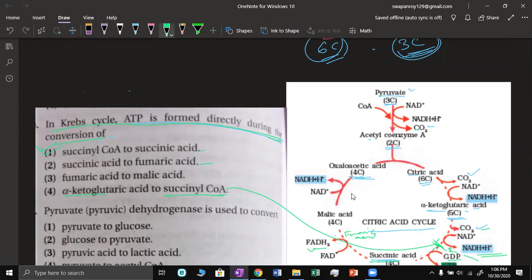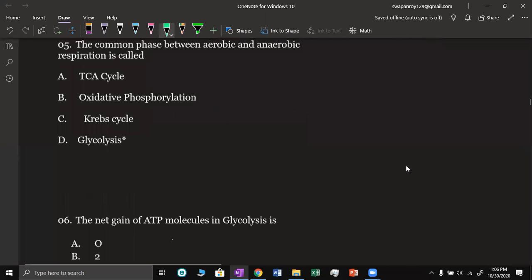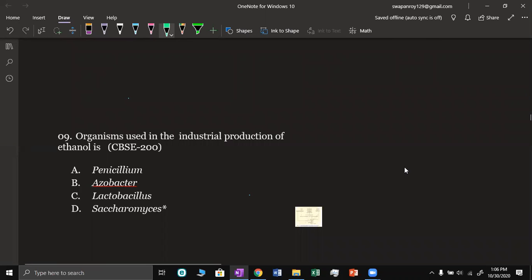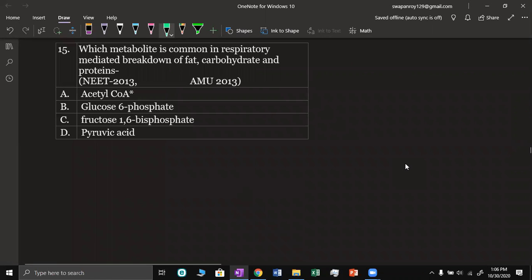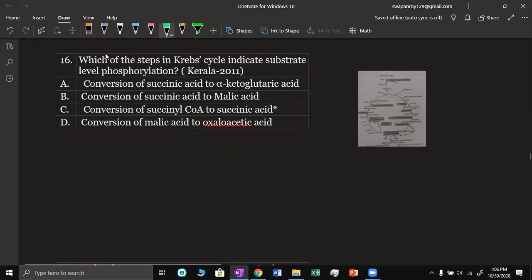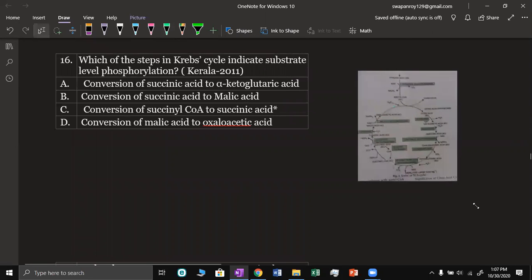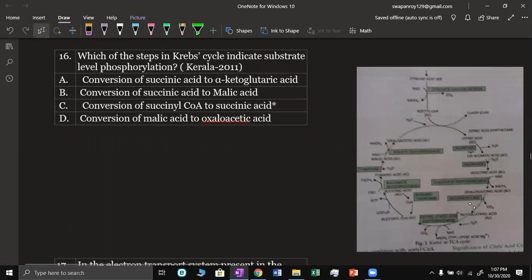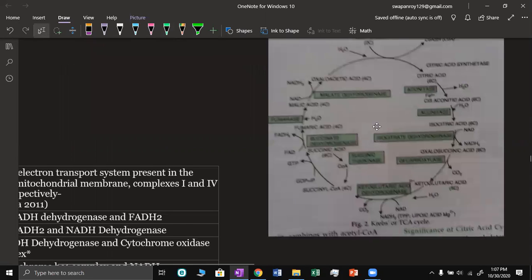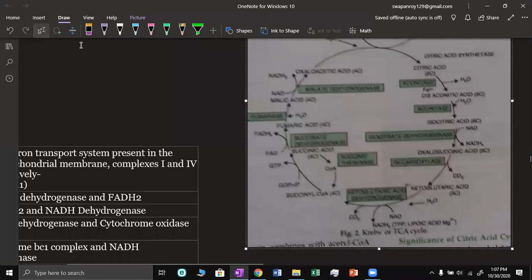Wait, I will show you the detail. Yes, this one. This is the detail of the Krebs cycle.